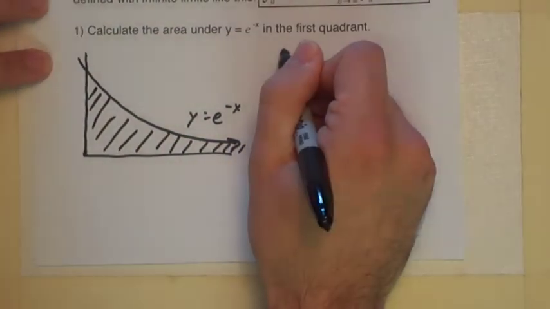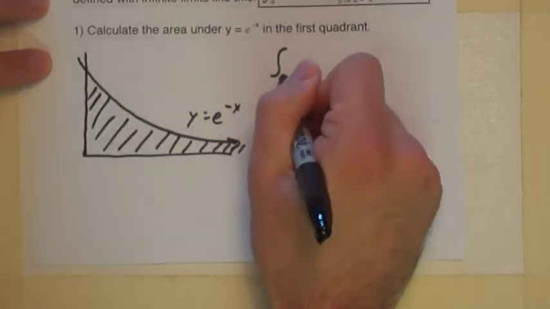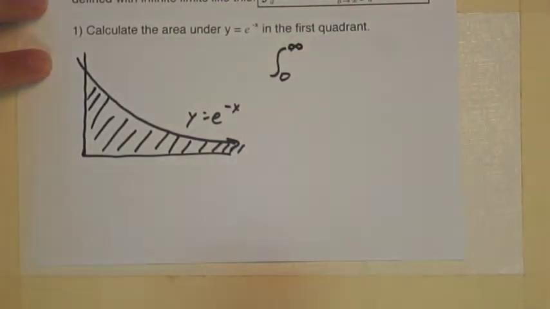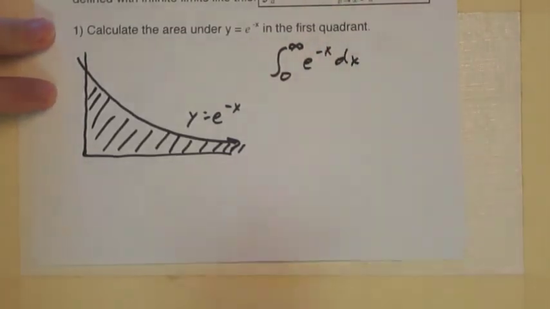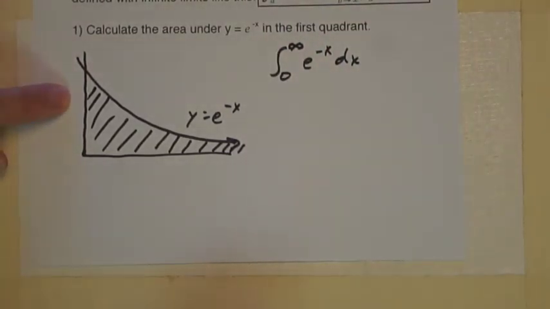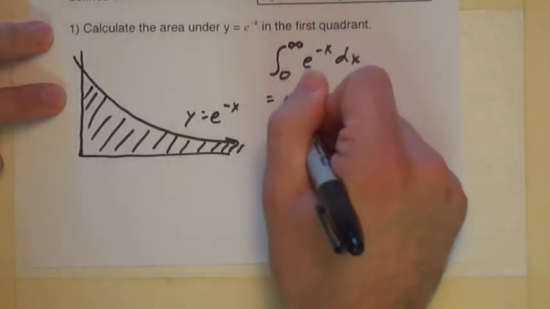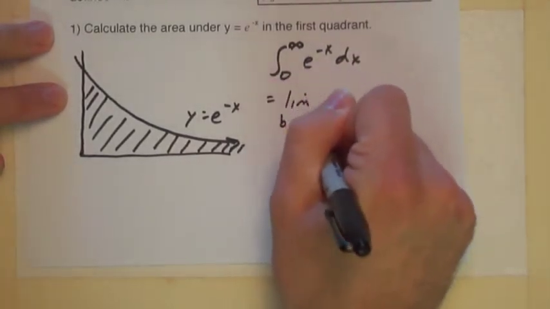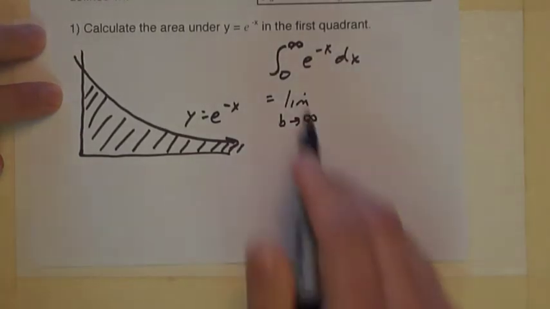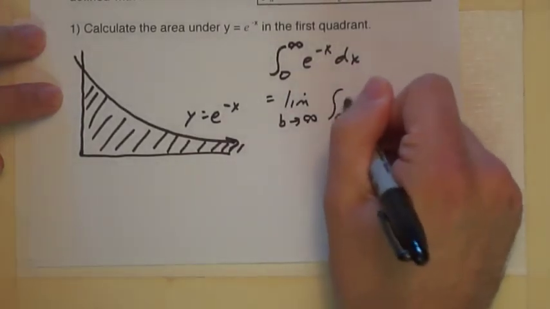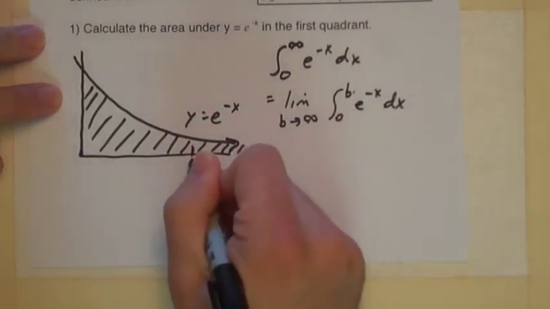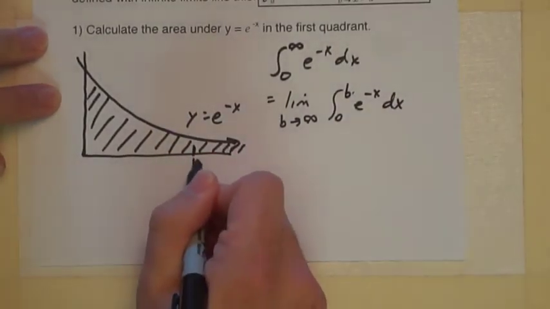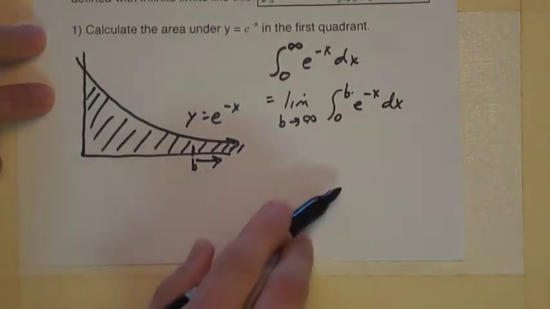So what is that? That is the integral from x equals 0 to x equals infinity of e to the negative x. And we see that the correct way to compute this is to do the integral from 0 to b, where b is some number here, and then push the b all the way along the x-axis towards infinity.